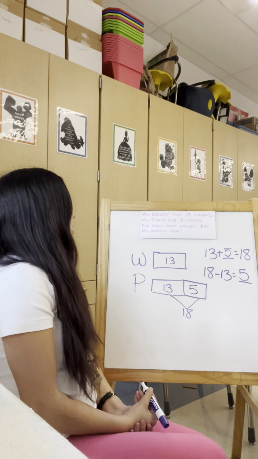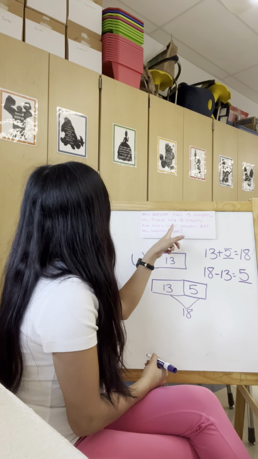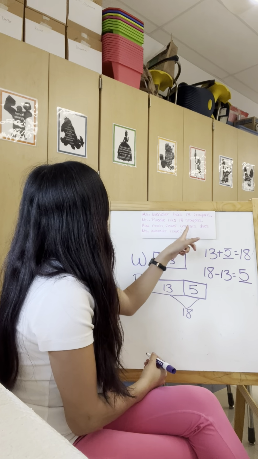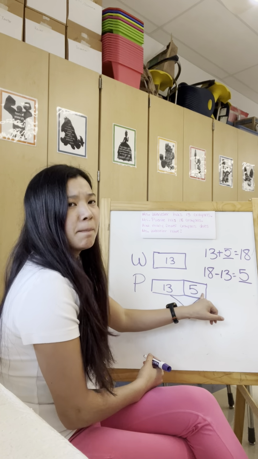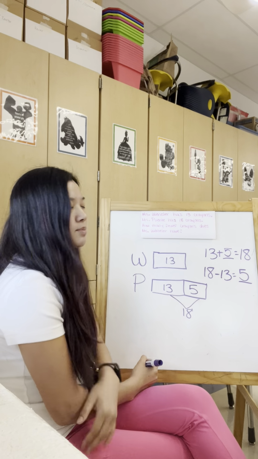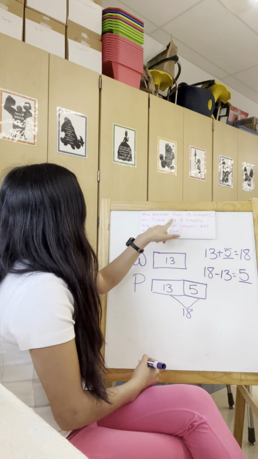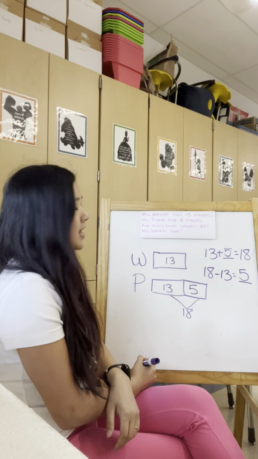So let's go on to our statement. Our question says, how many fewer crayons does Miss Wentzler have? I know Miss Puente has 5 more crayons, but they're not asking me how many more crayons Miss Puente has. They want to know how many fewer crayons Miss Wentzler has.